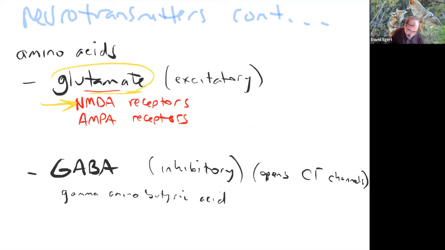it's a glutamate receptor. For instance, a common anesthetic, also a club drug, and now actually used as an antidepressant, ketamine. Ketamine is an antagonist to NMDA receptors. So if somebody has ketamine in their system, it's blocking these glutamate receptors, and it means these messages aren't moving from one place to another.